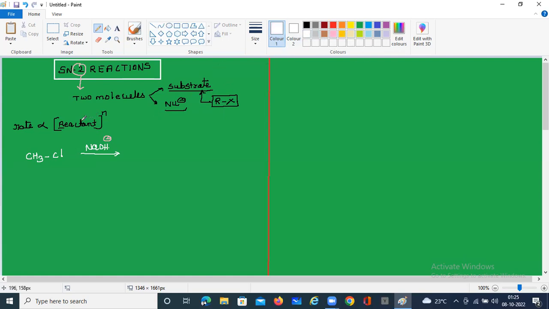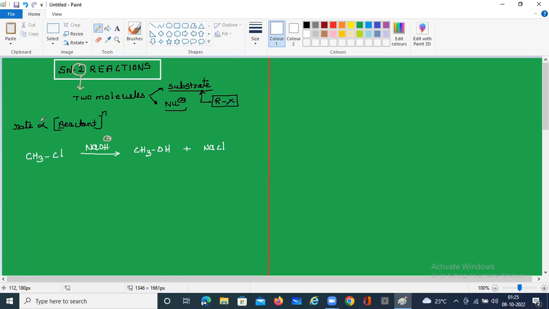This reacts with that OH minus. What type of product does it give, beta? Could you guess? It gives CH3OH, methyl alcohol, and Cl minus comes out and reacts with sodium and gives NaCl. So this is one example.